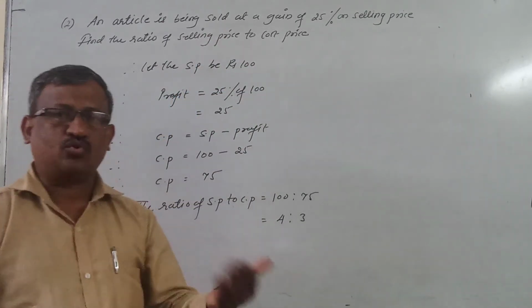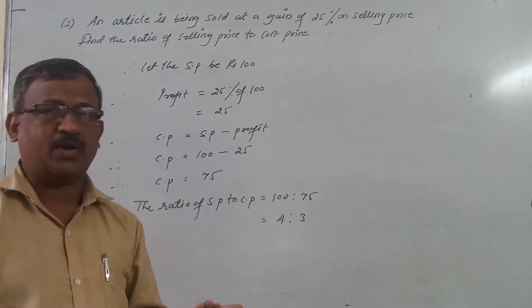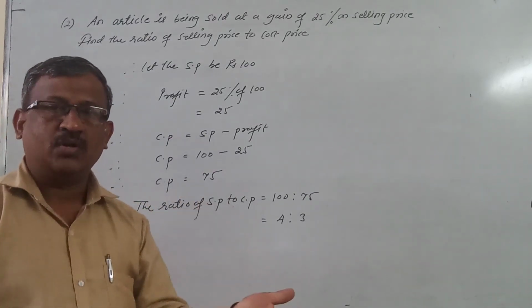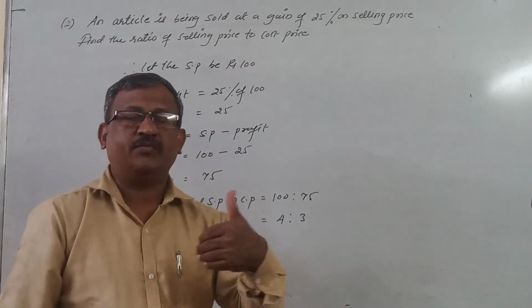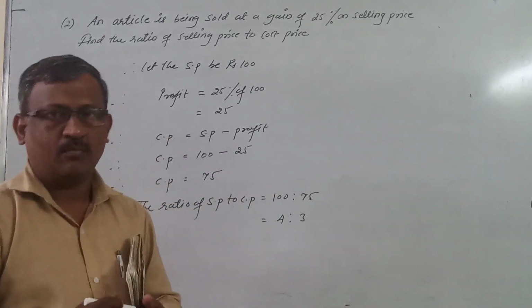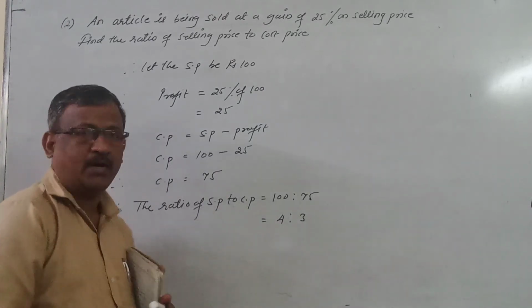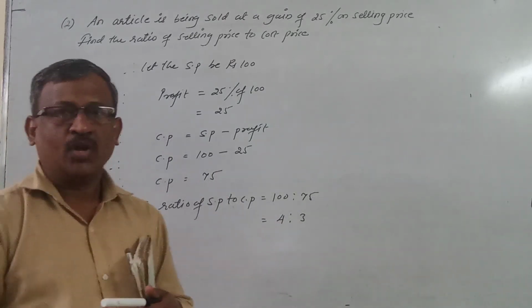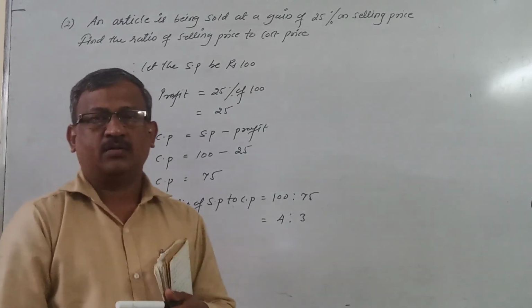If they ask selling price to cost price, compare selling price to cost price, and if they ask you to compare cost price to selling price, compare cost price to selling price only. If they ask selling price to cost price and you compare cost price to selling price, it goes wrong and you are going to lose your marks. Clear? So I hope this is clear to you all how to find out the ratio. Clear? So in the next class, I will come with some more problems on the ratio.